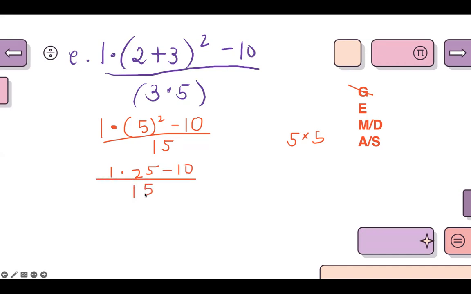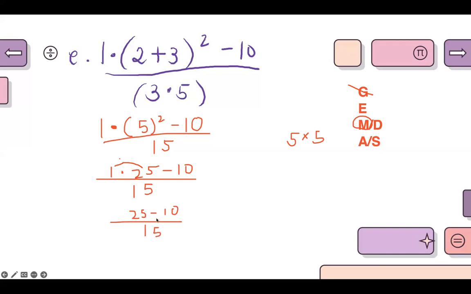Okay, let's simplify the numbers in the numerator first. So we have 1 times 25 minus 10. So that is multiplying and subtracting. So in GEMDAS rule, multiplying comes first, meaning to say we need to solve for 1 times 25 first. And 1 times 25, that is 25 minus 10 over 15.